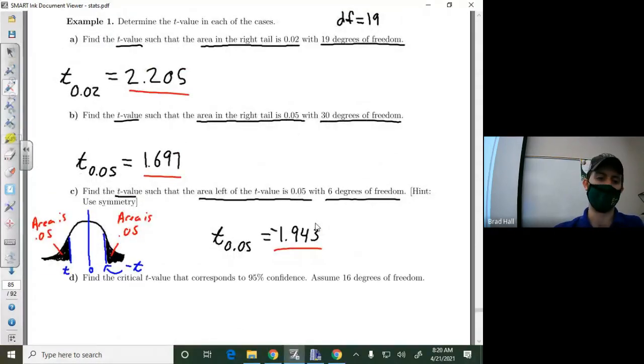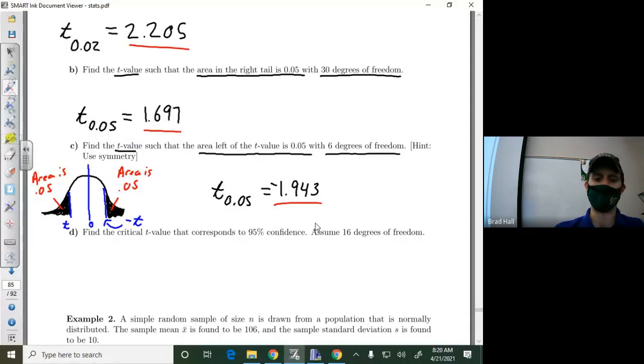And then part D says find the critical t-value that corresponds to 95% confidence. Okay, so they haven't really given us a level of confidence yet. So to do anything with 95% confidence, we need to find alpha. We did this in the previous section.